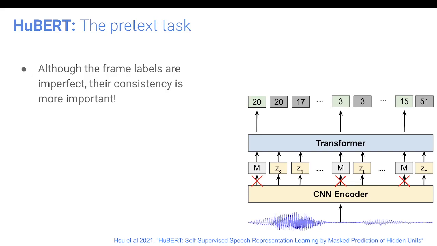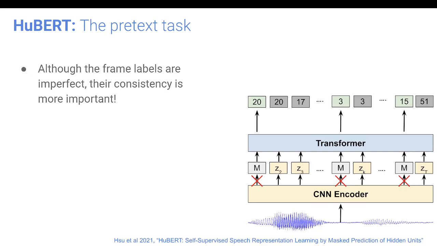But although they are bad labels, they are consistent in being bad. And this consistency is much more important, because even if the model confuses ka and ga, it doesn't make a big difference, given that we are looking at ka and ga in the context of what other units are appearing in the sequence.